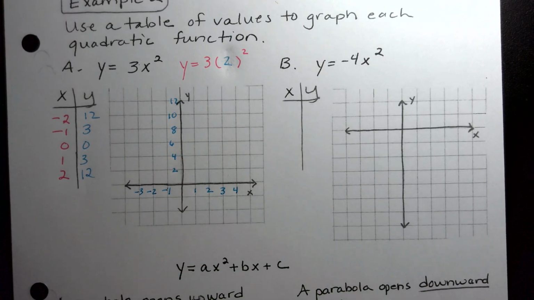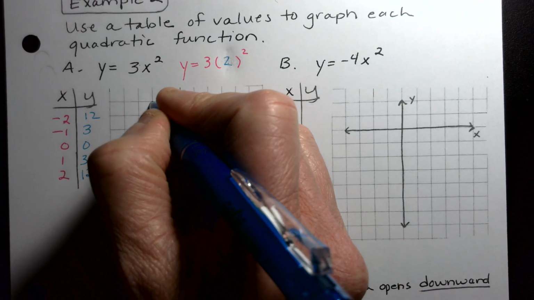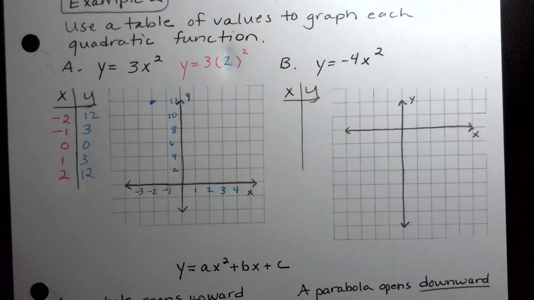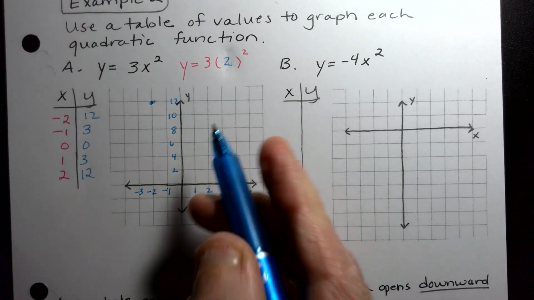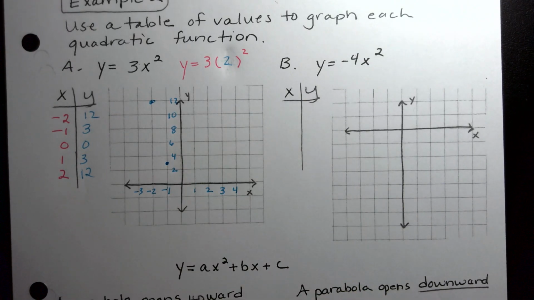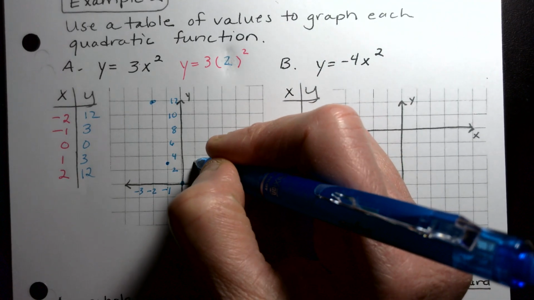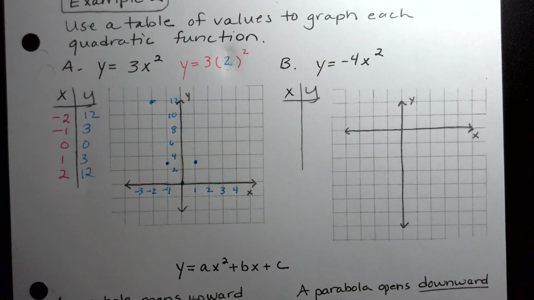All right, so negative 2, 12. So negative 2 and 12 would be up here. Negative 1, 3. Negative 1, and then 3 would be between the 2 and the 4. 0, 0. 1, 3. Again, between the 2 and 4.